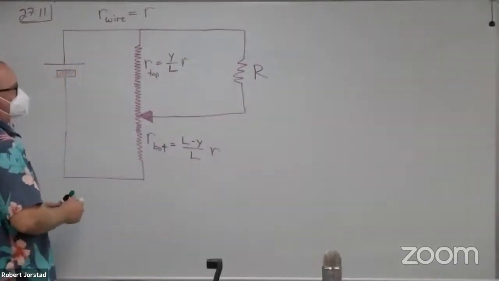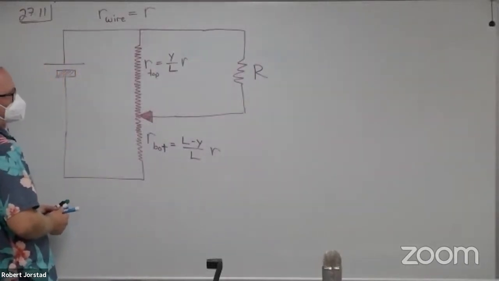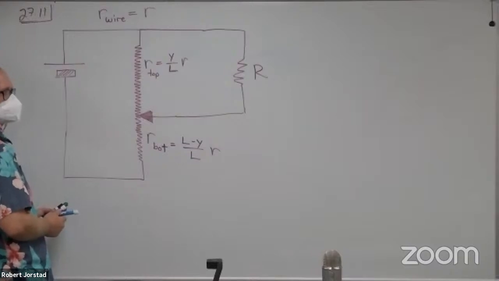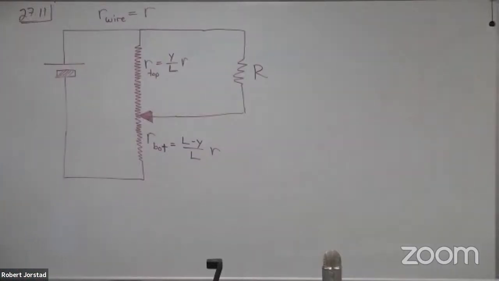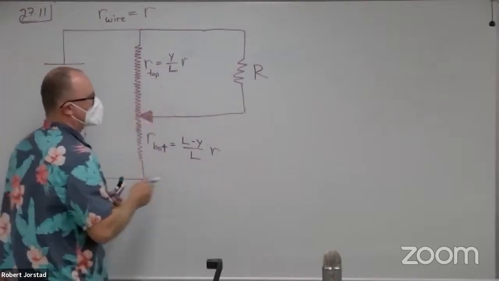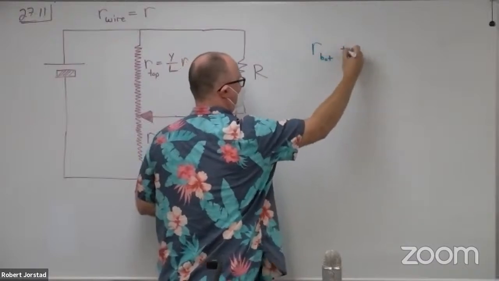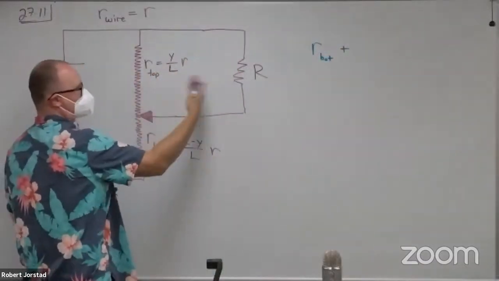Well, what's the REQ going to be? Oh, is everything in parallel here? No. What is in parallel? R top. So do you agree it's going to be R bot plus the parallel combination?